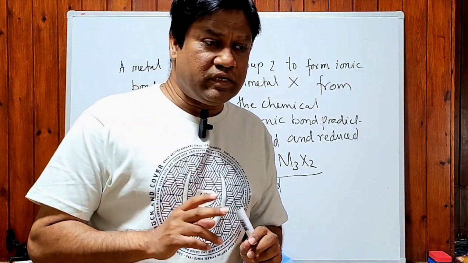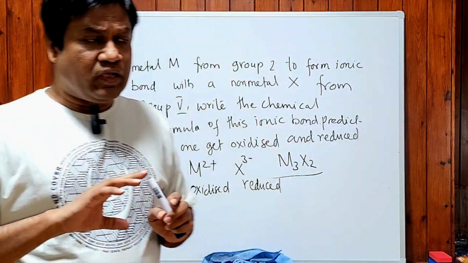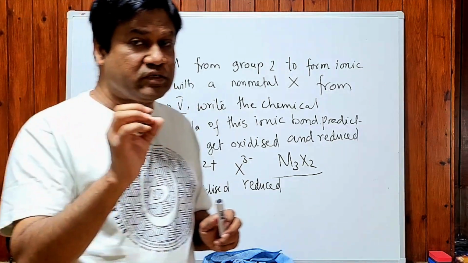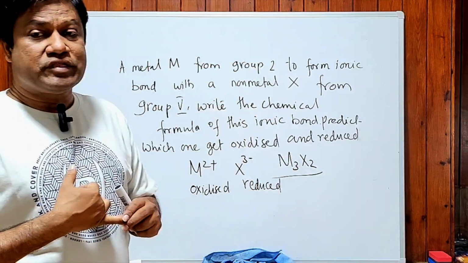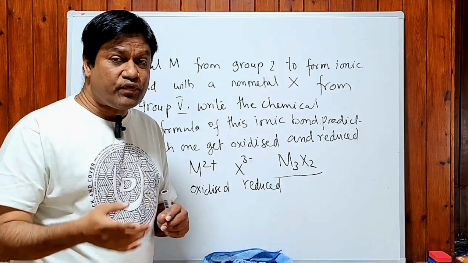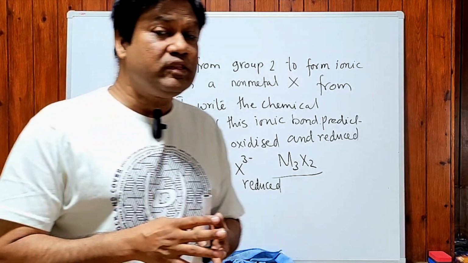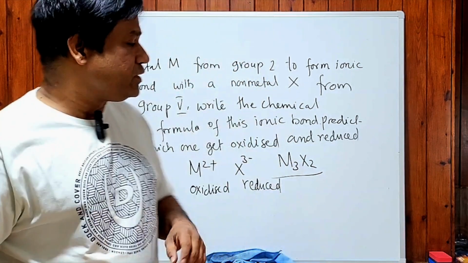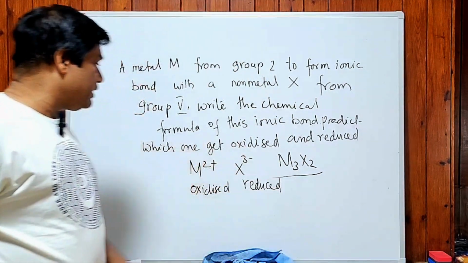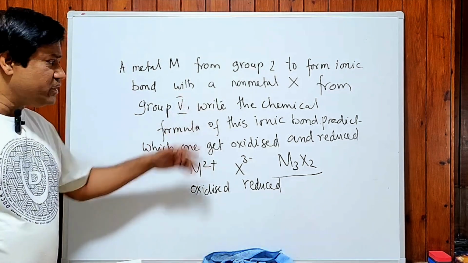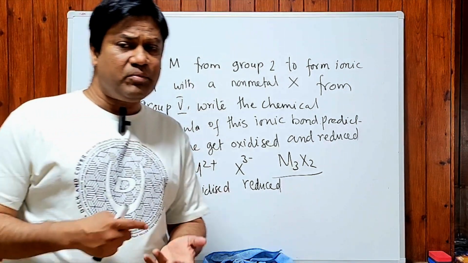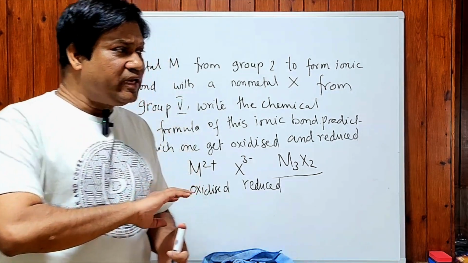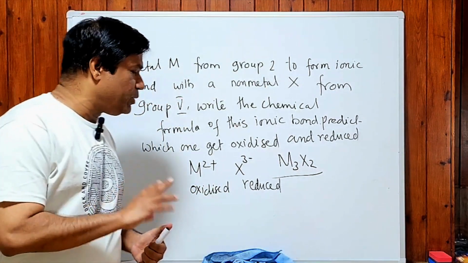We can say it is an electrostatic force of attraction between two oppositely charged ions, that is cation and anion. So by this we can write the chemical formula of an ionic compound between any metal and non-metal in the periodic table.